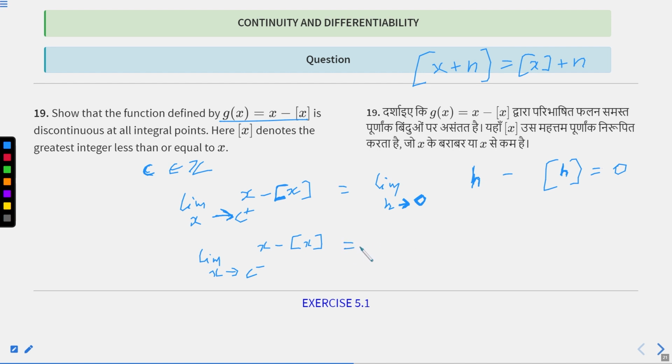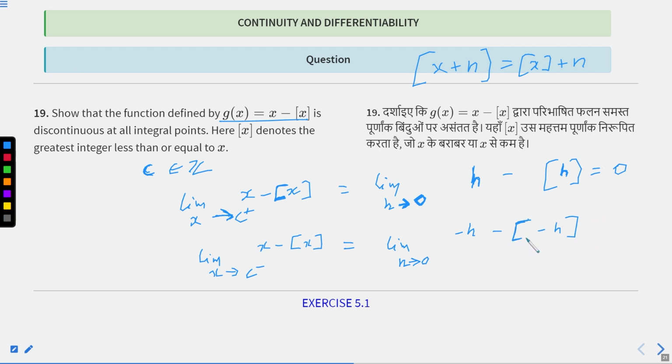Now for the left side, it will be limit h tends to 0 of c minus h minus the greatest integer of c minus h. As c is an integer, c will get cancelled.